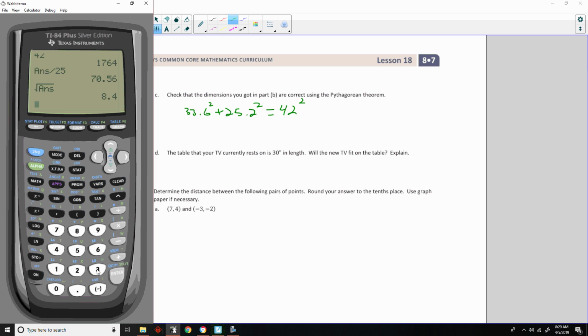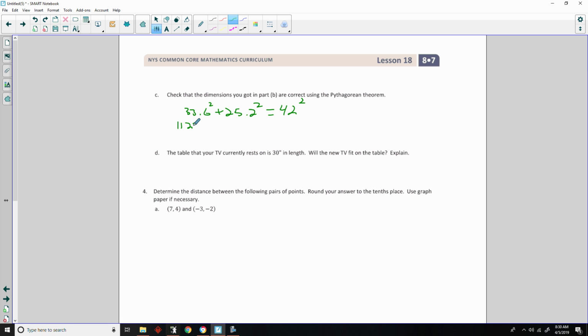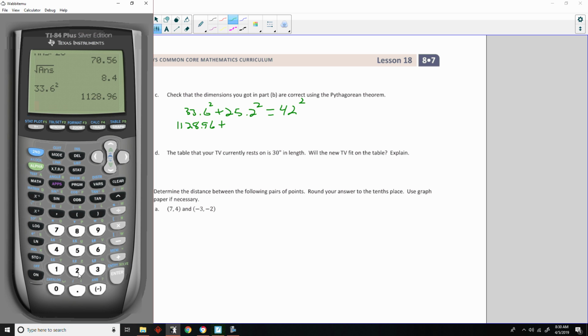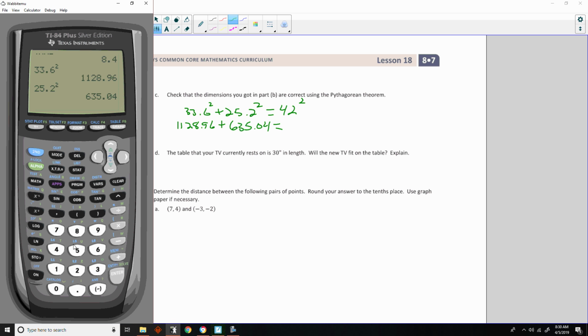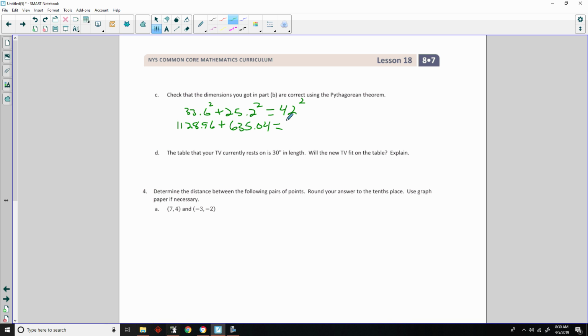So 33.6 squared is 1,128.96 plus 25.2 squared is 635.04. And we want to check to see if that equals 42 squared, which was 1,764.